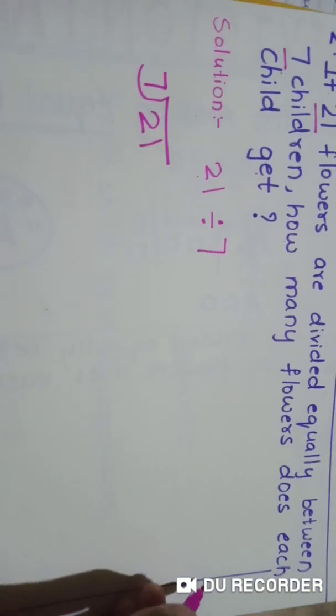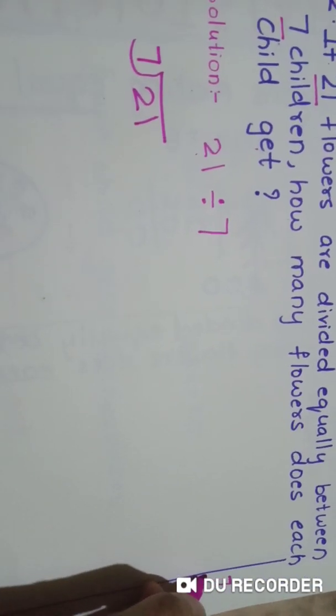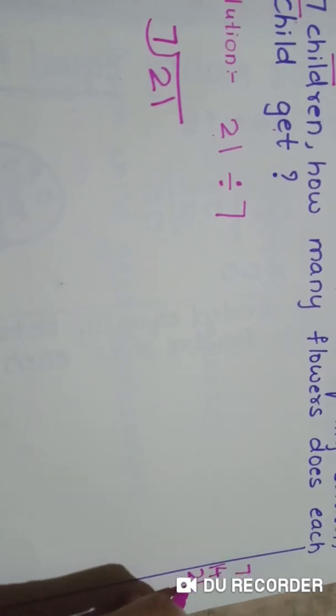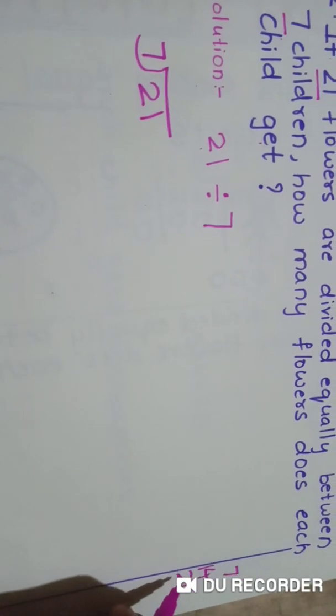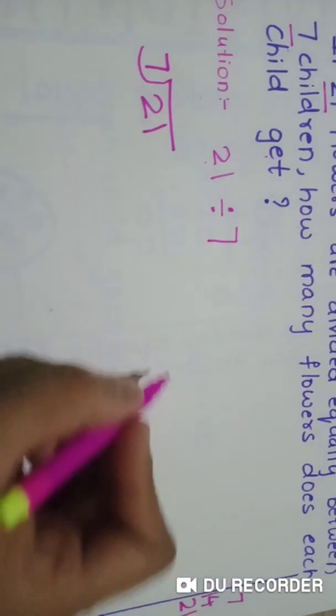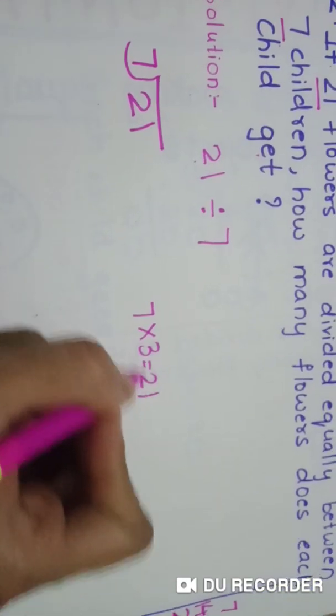See, here in the rough column we will write 7 ones are 7, 7 twos are 14, 7 threes are 21. How many times does 7 go into 21? 7 threes are 21.